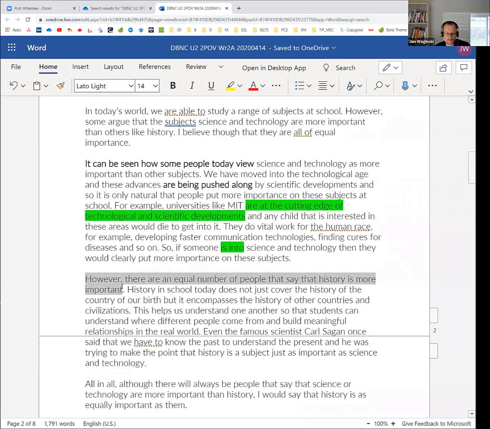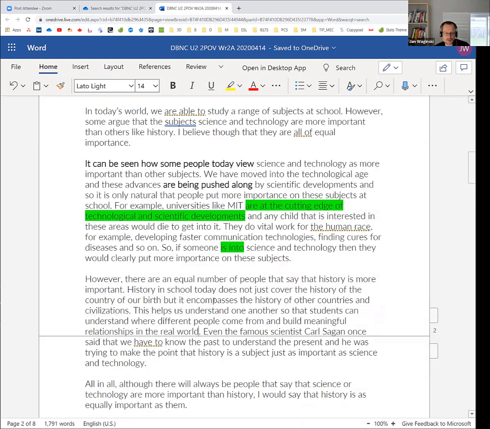This is the other point of view. So he starts off by saying there's an equal number of people that say that history is more important. And then he goes on to explain why it's important, because it encompasses the history of other countries and civilizations. Okay, so you ask yourself, so what? So he goes on to say this helps us understand one another so that students can understand where different people come from and build meaningful relationships in the real world.